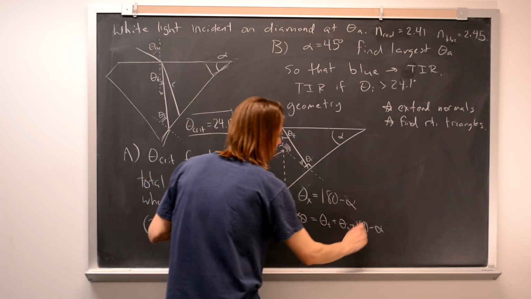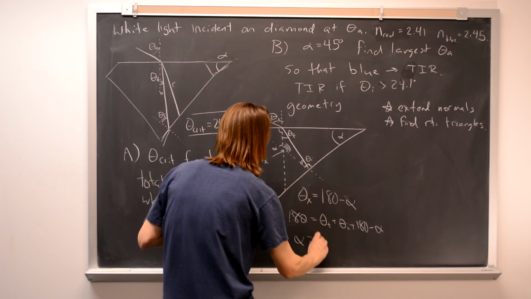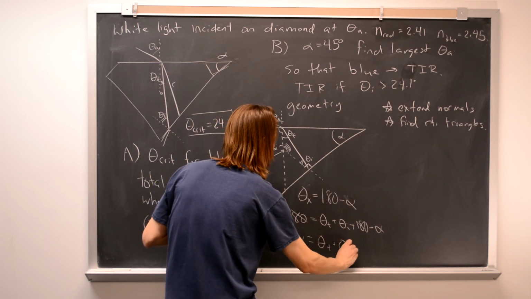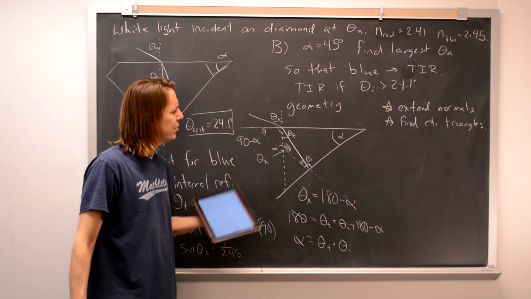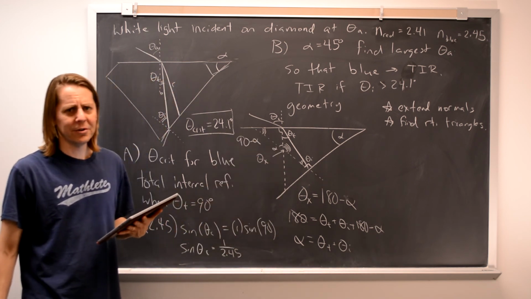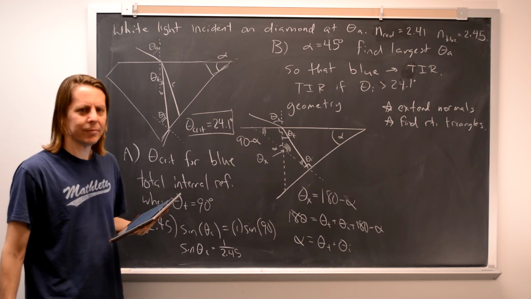And then the 180s go away, the alpha comes over here, and you see that alpha equals theta t plus theta I. That comes out so simple, there has to be an easier way to get there with geometry. I'm not sure what it is. That's how I got there.